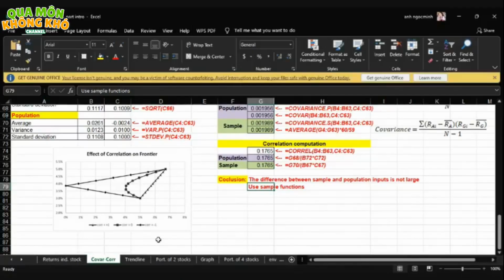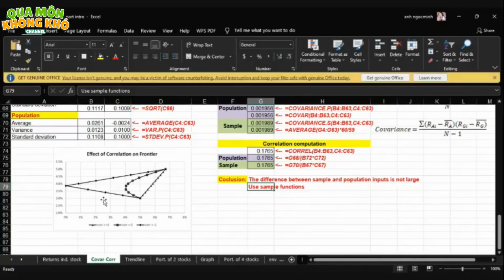And the last case, if correlation is smaller than 0, it is negative, the relationship between two stocks is negative, so if the return of stock A reduces, it causes an increase in the return of stock B. And in the special case, if correlation equals exactly -1, it is called perfectly negative, which means two stocks can offset risks together completely.